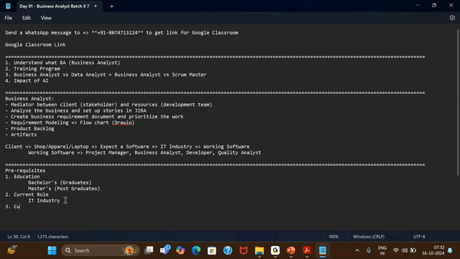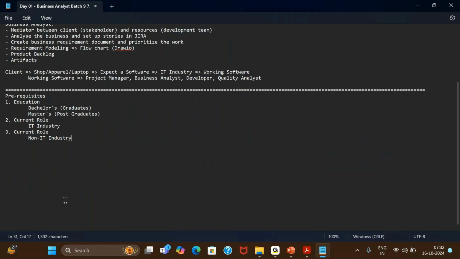The last would be where your current role belongs to a non-IT industry. Okay. When you are working in the non-IT industry, again, like I tell everyone, you must have good domain knowledge. Since you are not directly coming from the IT industry, or you don't have IT experience as such, it is always good to accumulate good domain knowledge.